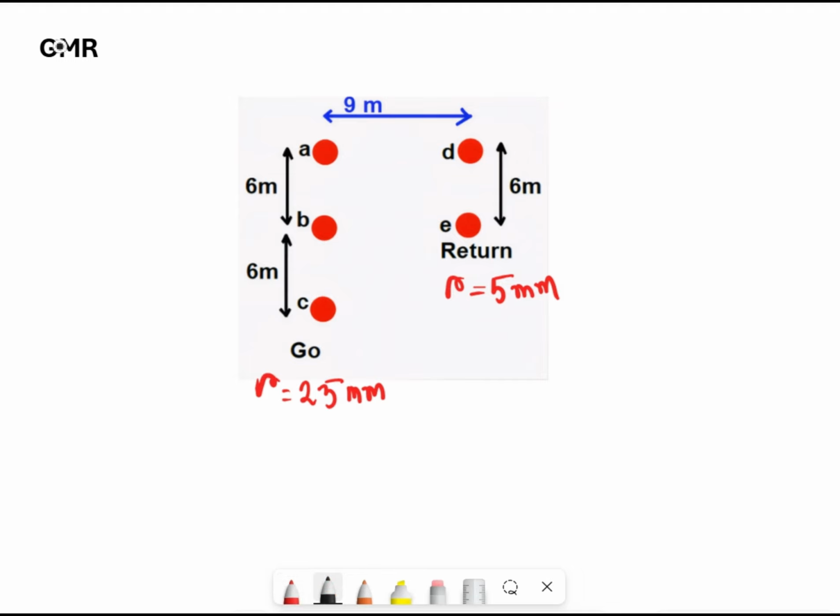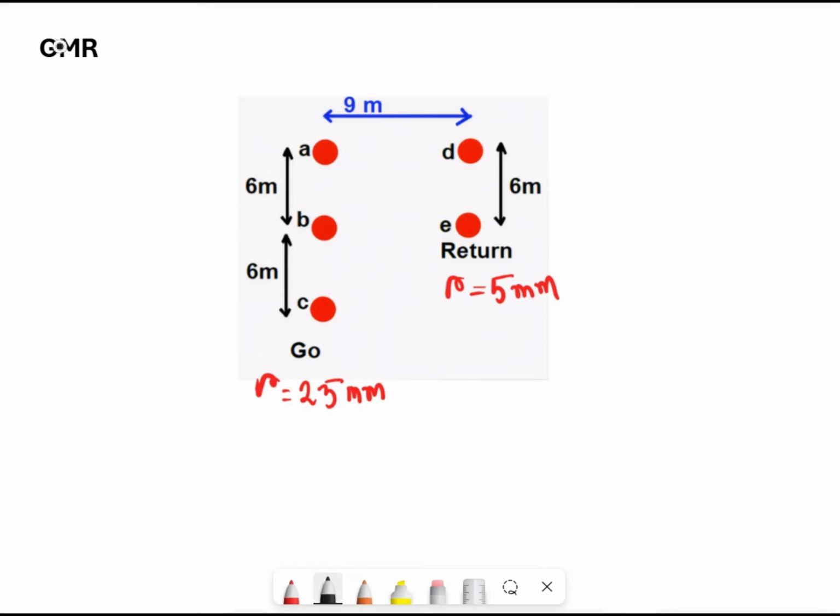Here actually are 3 conductors or cables, and here are 2 cables and conductors, which is very important to determine the value of GMR. By the way, for GMR within a circuit, go and return we have to calculate differently.